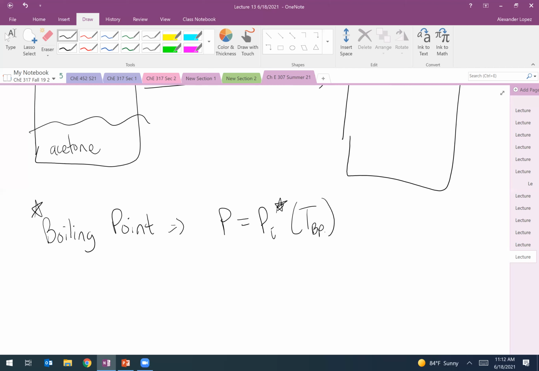It's a weird concept. It's not intuitive at all. When you see it, you think about it, you're like, okay, yeah, that kind of makes sense. Still not happy about it. But that's essentially the nature of a boiling point.